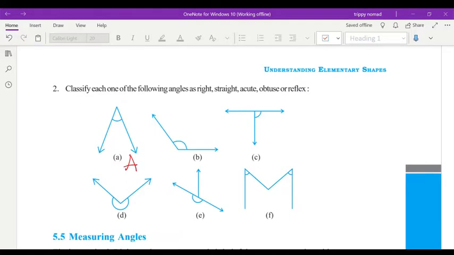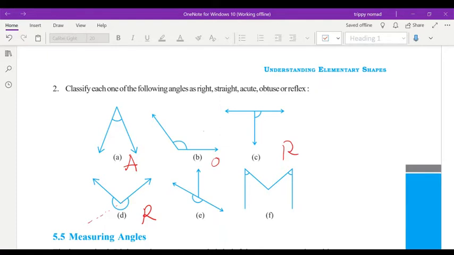This one, obtuse angle. This one, right angle, because here they have marked it as right. Understood? Now D1, how will you judge? If it makes one straight line, then it will be a straight angle, but they have made more than that, so it will be a reflex angle.